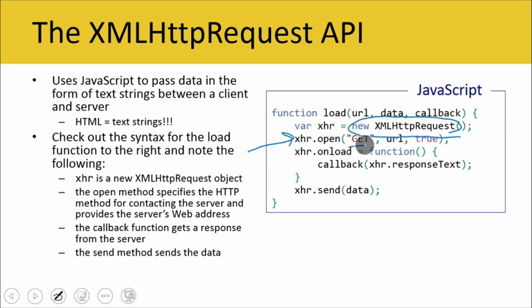So we use get. It's also going to provide the web address as well for that server, okay? Then when we call the callback function here, we're going to get a response from the server. So we get that response, and then finally, we're going to go ahead and use the send method in order to send data to the server, right?